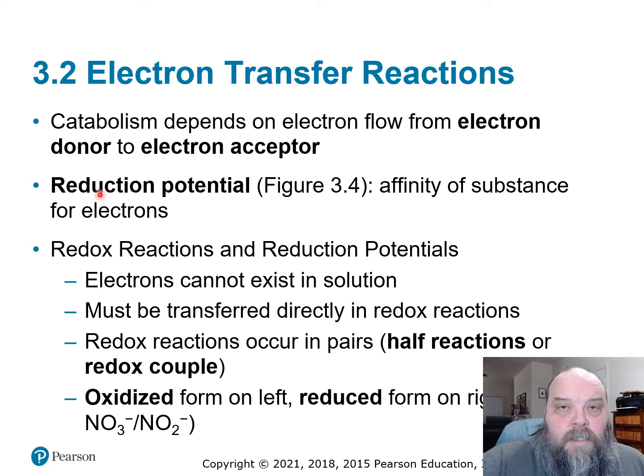As we discussed in Section 1, the catabolic reactions are there to give up excited electrons. There are going to be electron donors.